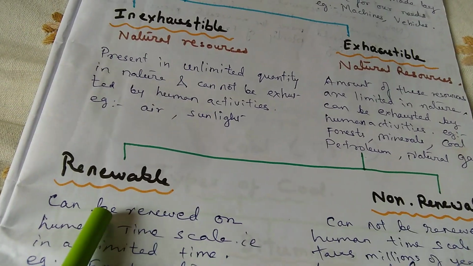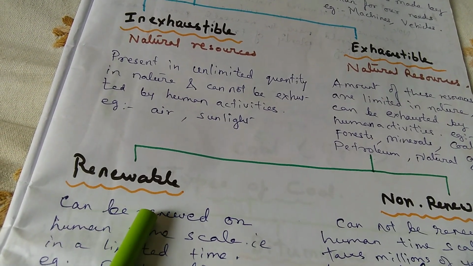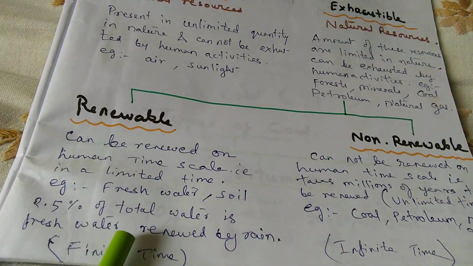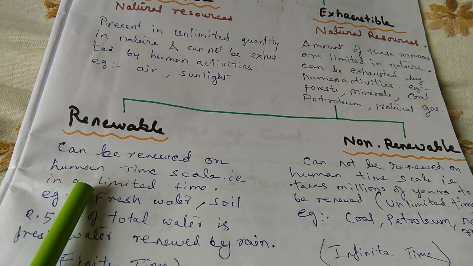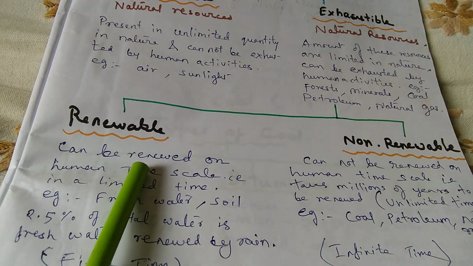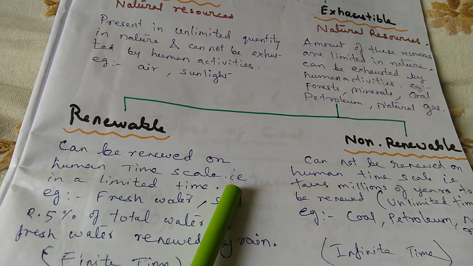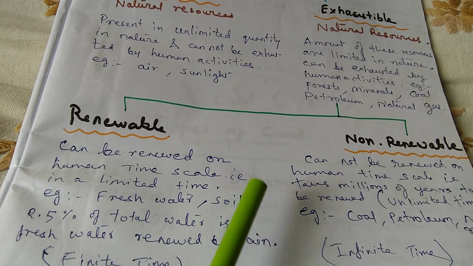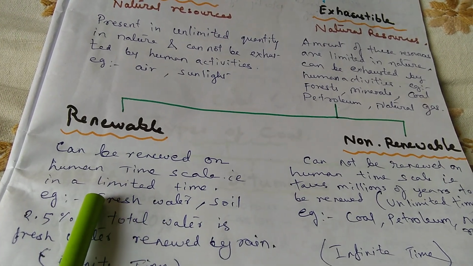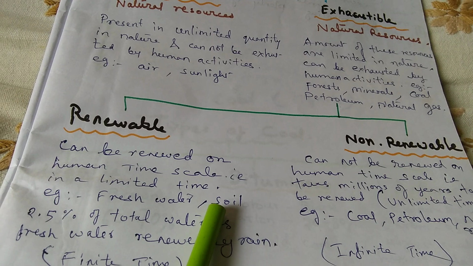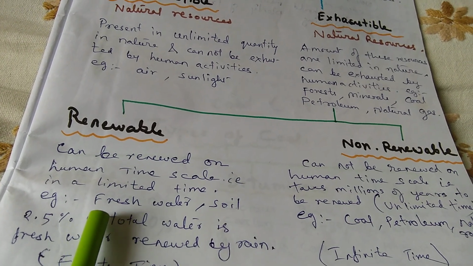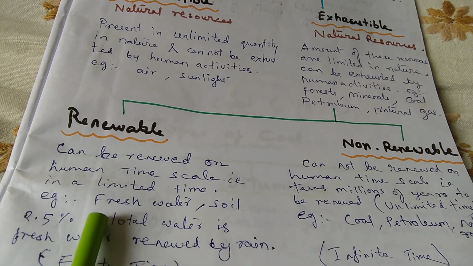Okay, renewable exhaustible natural resources are those exhaustible natural resources which can be renewed on a human time scale. That means they can be reproduced in a limited time, in our lifetime, by natural processes.